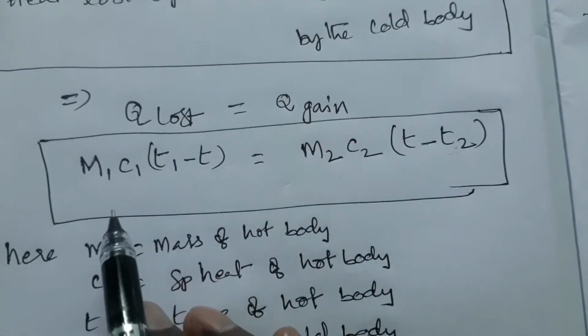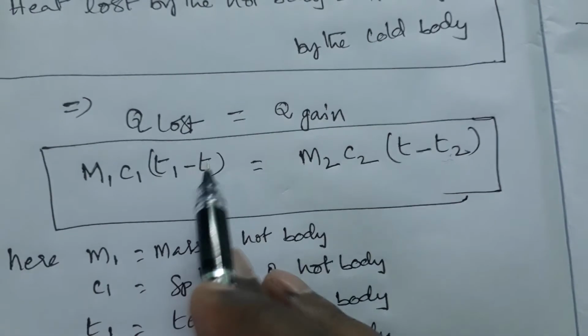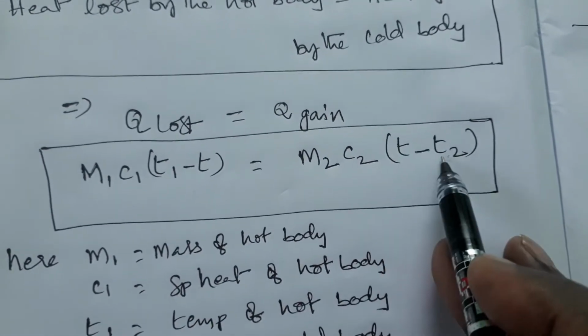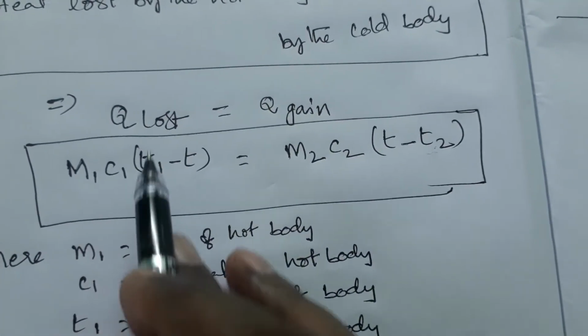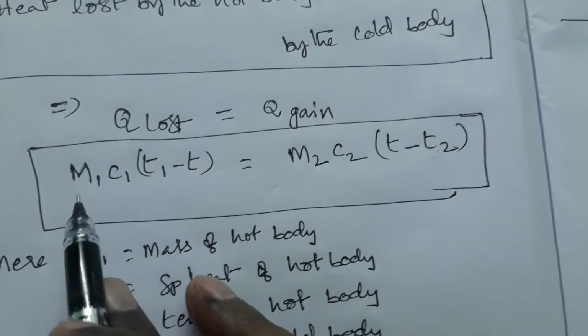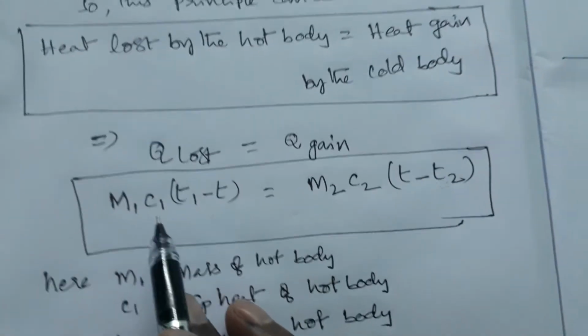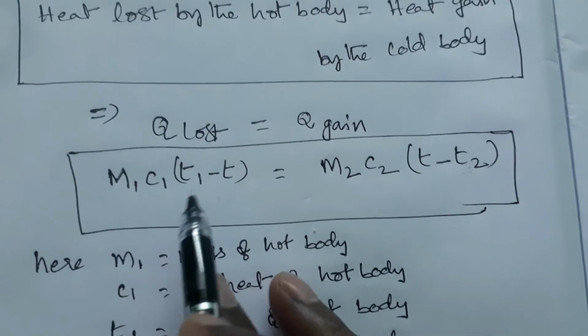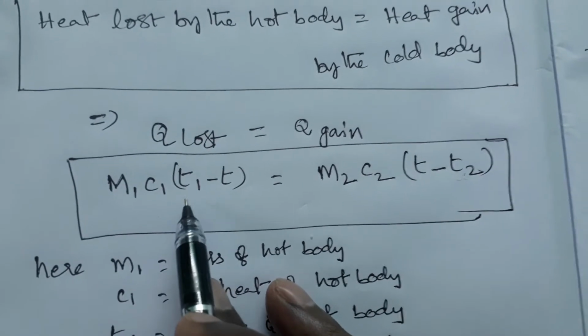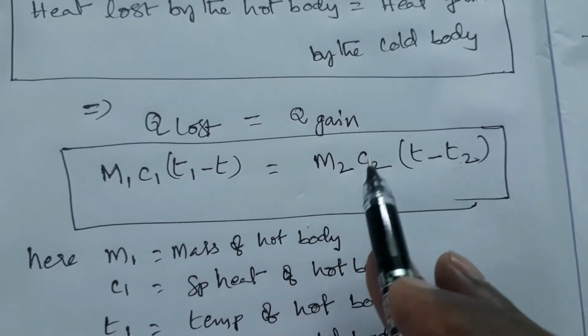This can also be represented with the formula mc delta T is equal to mc delta T. Here the first mc delta T is for the hot body. The hot body mass is m1, the hot body specific heat is c1, the hot body loses temperature t1 minus t, and this is equal to the cold body.